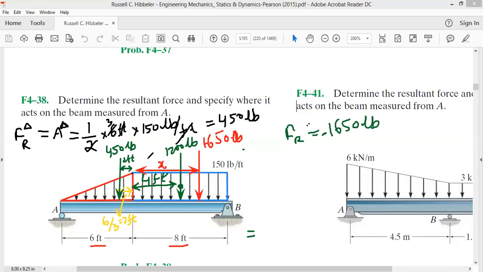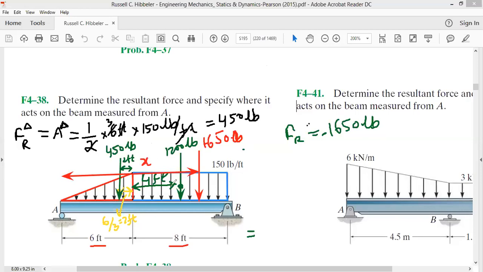Sorry, we have to take all the distances from point A. Since all the distances are to be measured from point A, let this distance be equal to x.